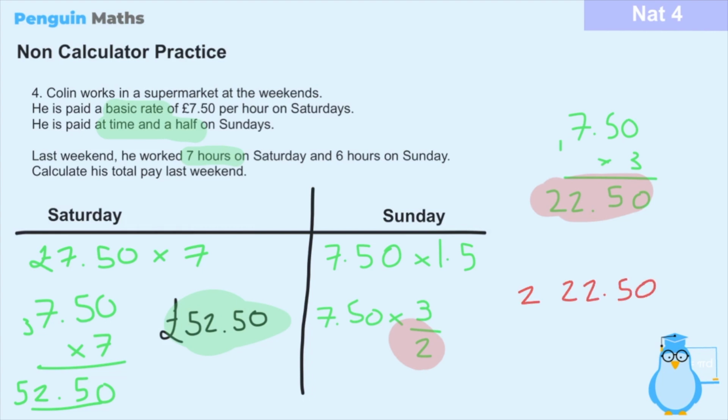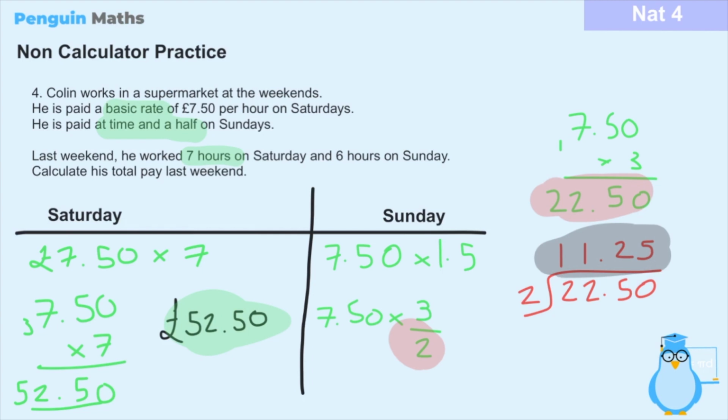So we have 2 goes into 2 once, into the other 2 once, put the decimal point, and then what we have, 2 goes into 50, and we know that 50 divided by 2 is just simply 25. So that means that the hourly pay on a Sunday is equal to £11.25.